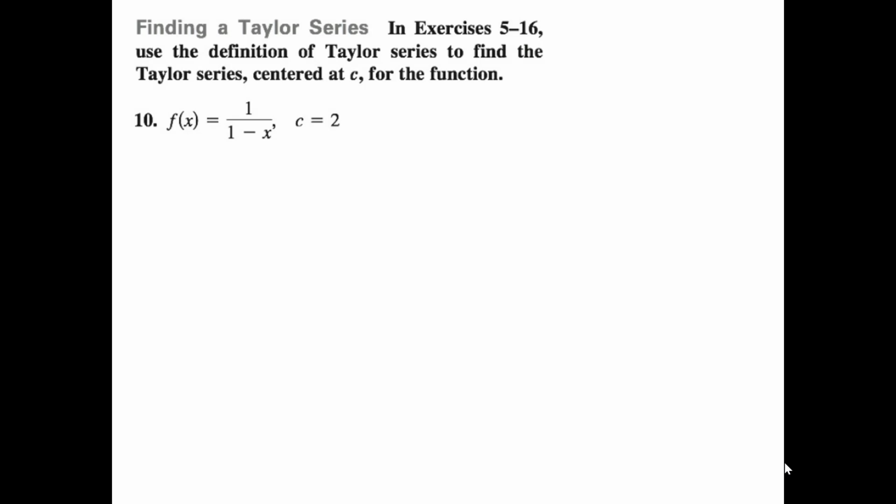Okay, so finding a Taylor series. In exercises 5 through 16, use the definition of the Taylor series to find the Taylor series centered at c for the function. Okay, so we did something similar to this in the last section. We didn't use the Taylor formula. We just used the geometric series and made appropriate substitutions.